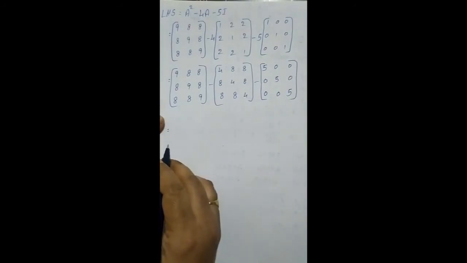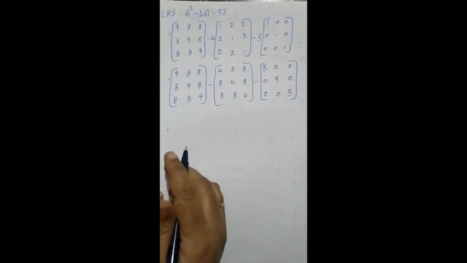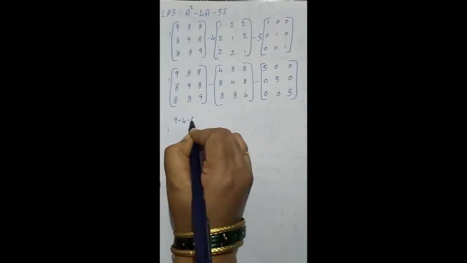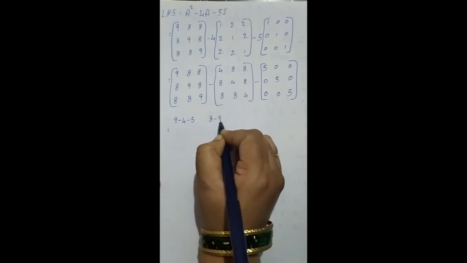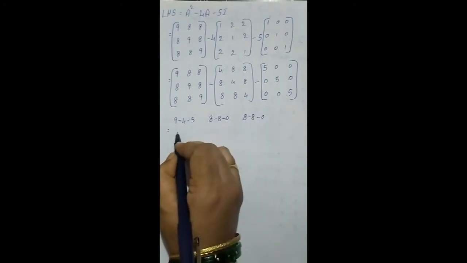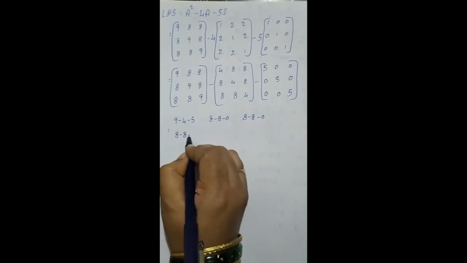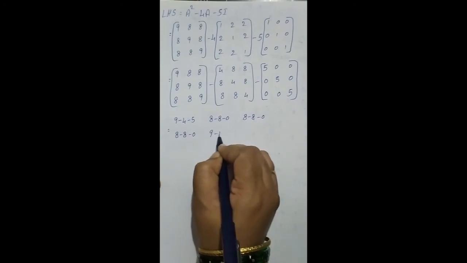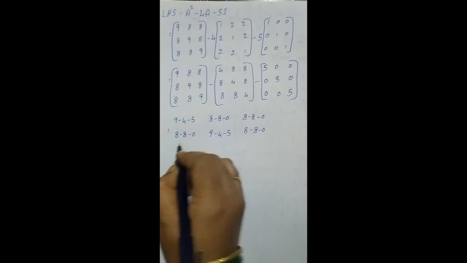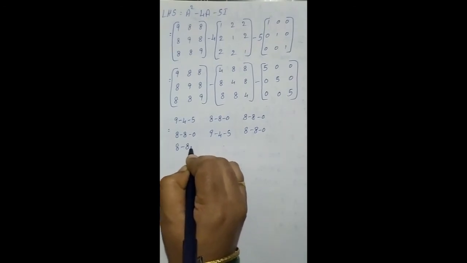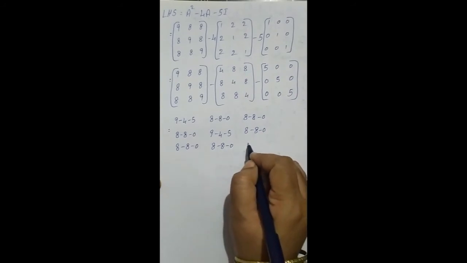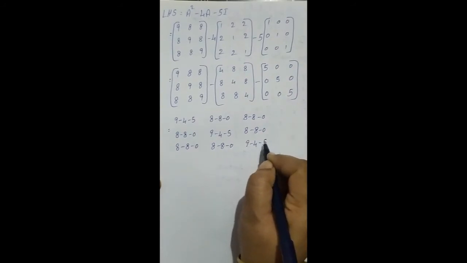That is equal to the subtraction values: 9 minus 4 minus 5, 8 minus 8 minus 0, 8 minus 8 minus 0, 8 minus 8 minus 0, 9 minus 4 minus 5, 8 minus 8 minus 0, 8 minus 8 minus 0, 8 minus 8 minus 0, 9 minus 4 minus 5.